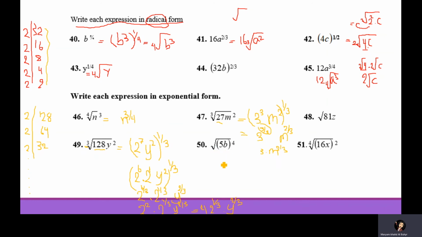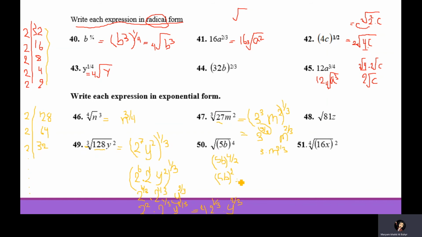For this one, that will be 5b. Remember, here there is parenthesis. That means this 4 is for both of them, not only for one of them. So that's 4 for both of them. And also, this is the square root, which is over 2. I'm going to simplify it now. So 4 over 2, which is 5b, all this to the power 2.